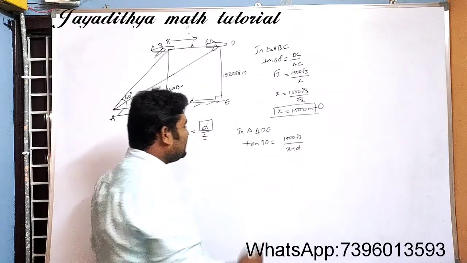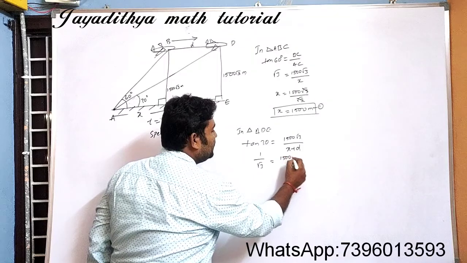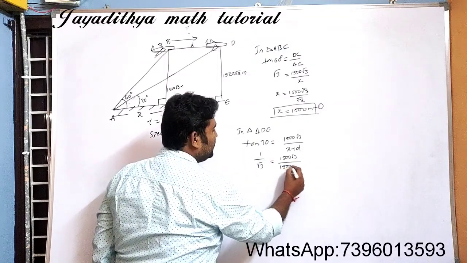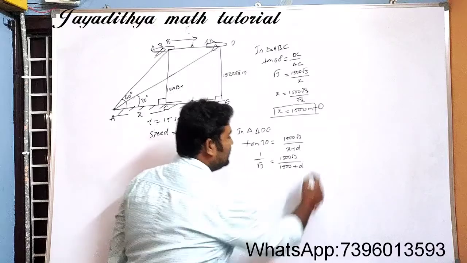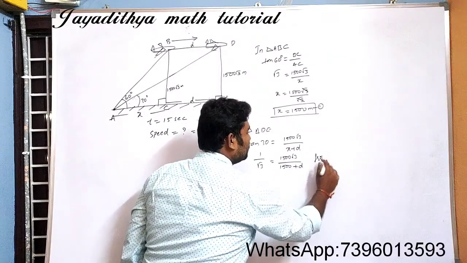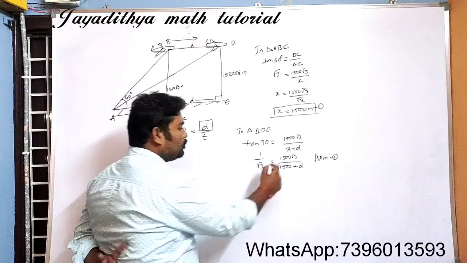So what is tan 30 now? Tan 30 is equal to 1 by root 3, which is equal to 1500 root 3 by x. What is x? x is equal to 1500 plus D, where D you need to find. From where did you get 1500? From equation 1. Now you do cross multiplication.